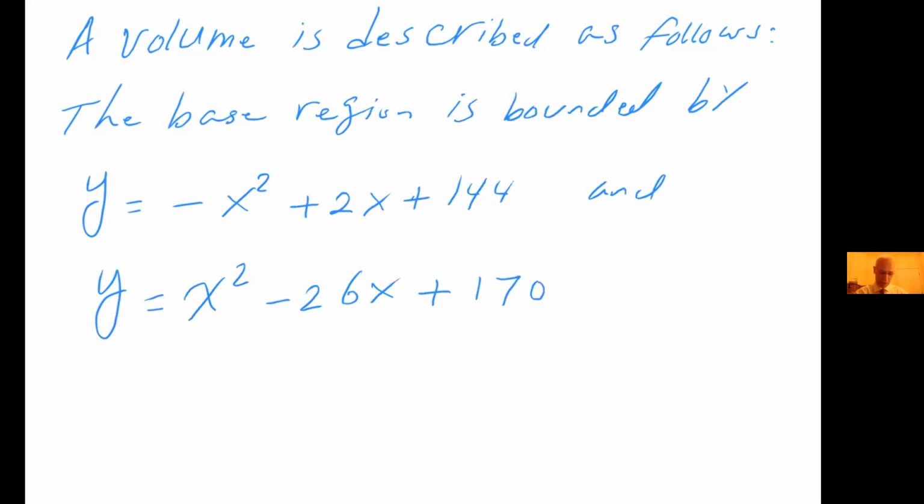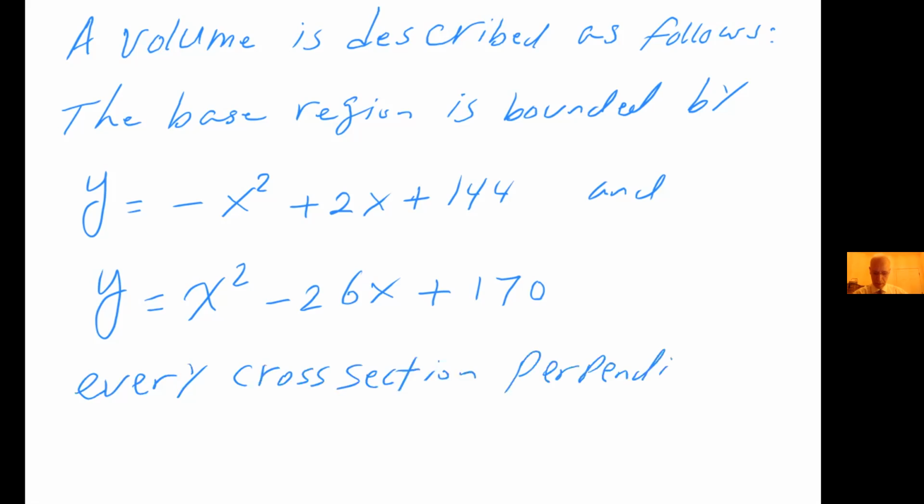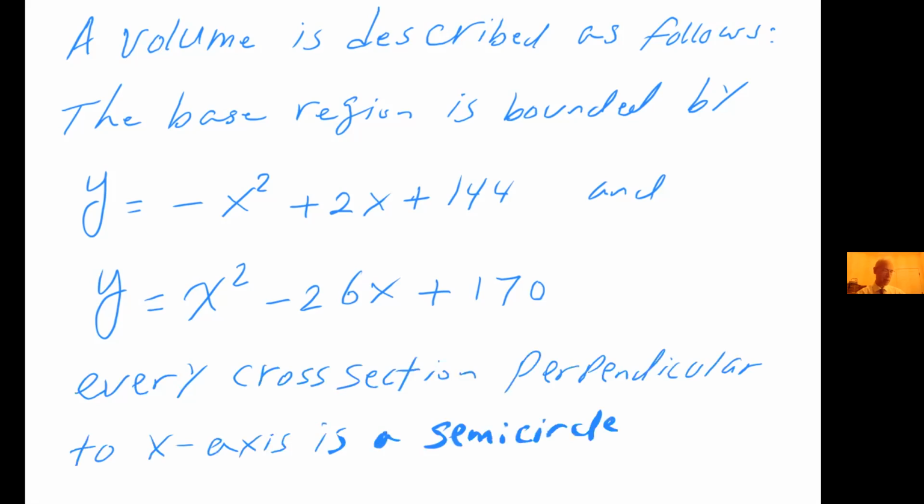We are told that every cross section perpendicular to the x-axis is a semicircle. Okay, and we are told to find the volume. Find the volume.